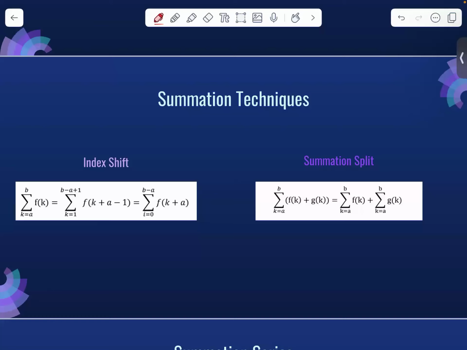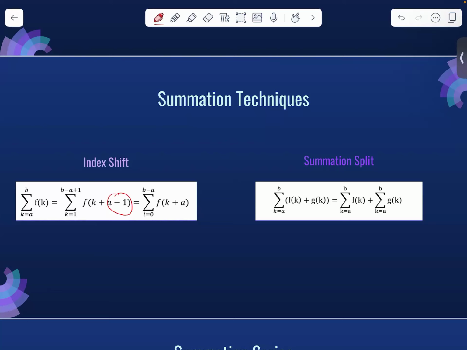So for example, if you take k equals a and b, and then you add 1, then you have to subtract 1 from the inside, and then same thing here.